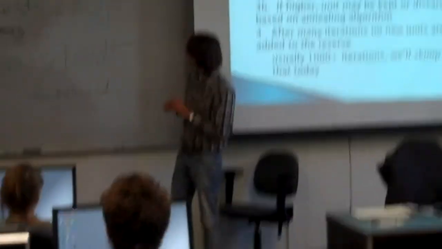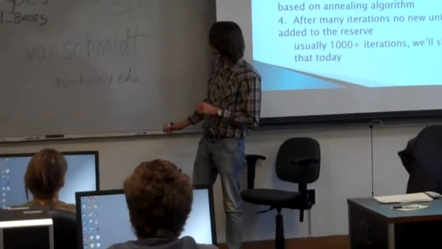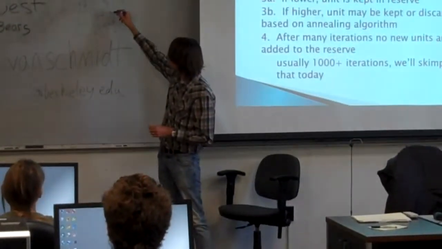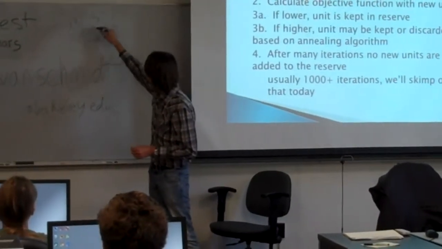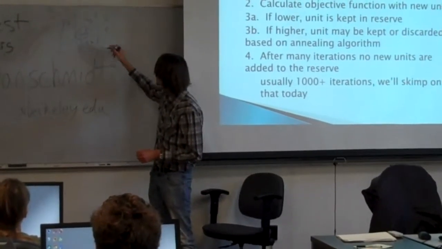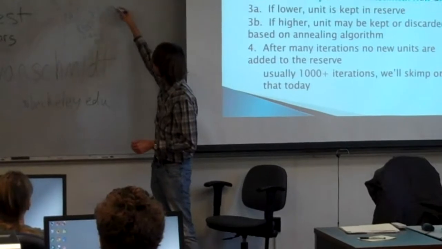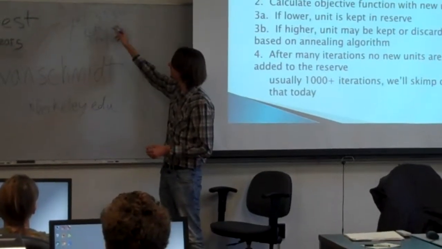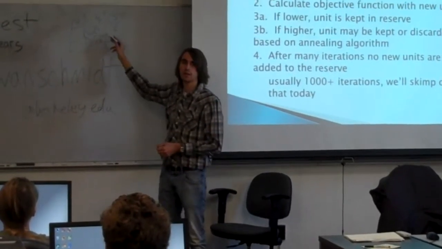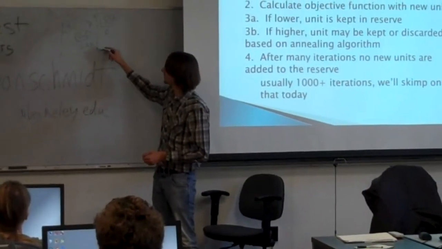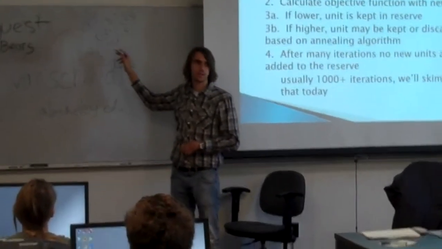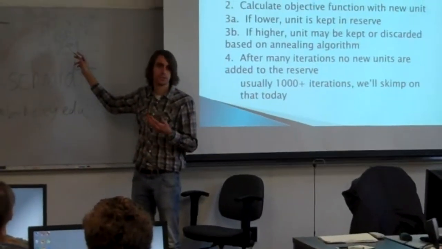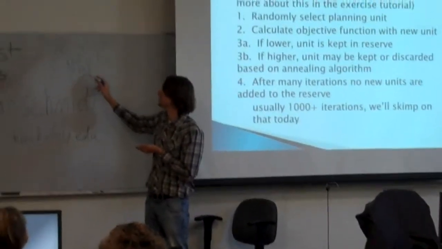And we can see that if, let's say it first selects this one and decides to include it, and then it selects this one and decides to include it, and now you have this reserve system set up. And now it'll go to this one and say, does this add or decrease my feature penalization, or does this add or decrease my objective function?